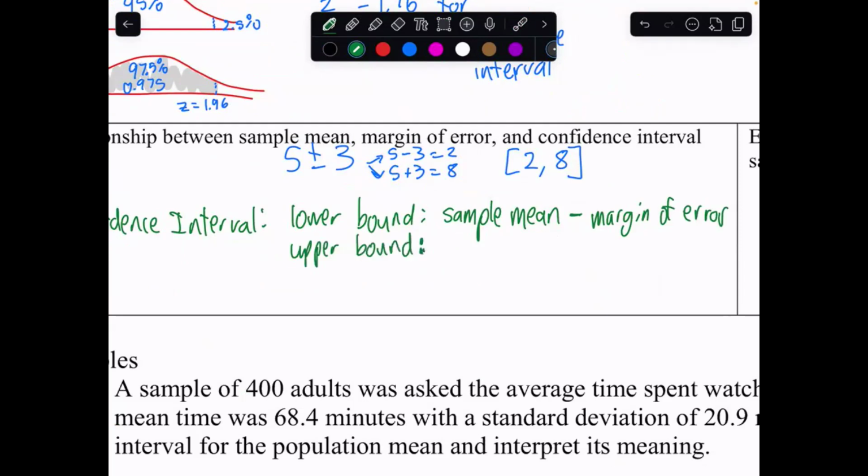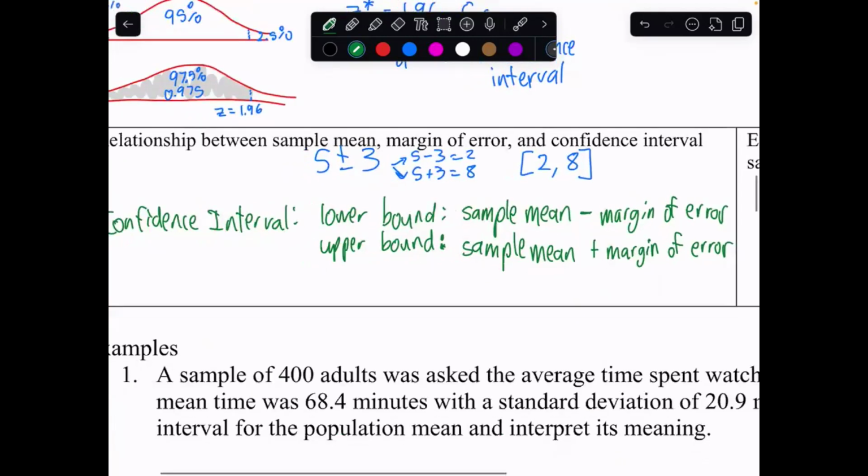And then to find the upper bound, you instead do the sample mean plus the margin of error. And then the confidence interval itself would be bracket lower bound comma upper bound.